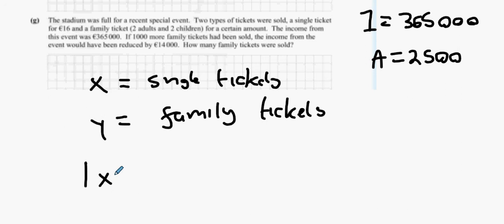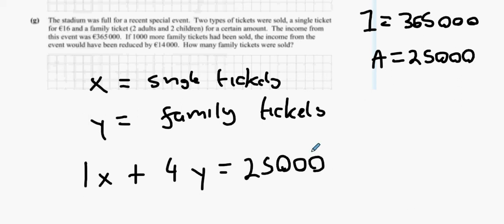But for each family ticket, how many people are there? 4 multiplied by the number of family tickets gives you how many people were there because of family tickets. So would everybody agree that that equals 25,000? That equation right there is where you get 25,000 from. Is that okay? Now, next thing.